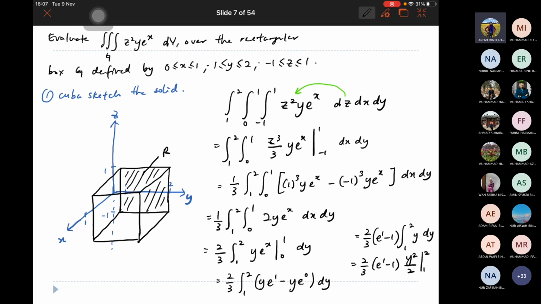So gantikan, cuba kira apa jawapan akhir dia. 2 kuasa 2, 4 bagi 2, 2 tolak 1, 1. 2/3 exponential 2 kuasa 2, 4. 2.